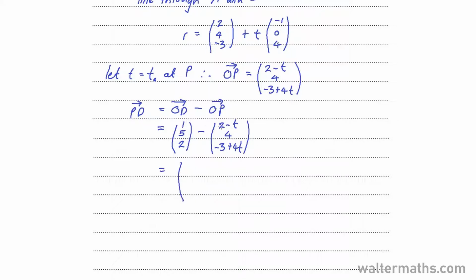That's 1 minus 2 minus t, which gives us minus 1 plus t. Then 5 minus 4, that's 1. Then 2 minus 3 plus 4t, which will become 5 minus 4t. So this is what we are going to get for PD.